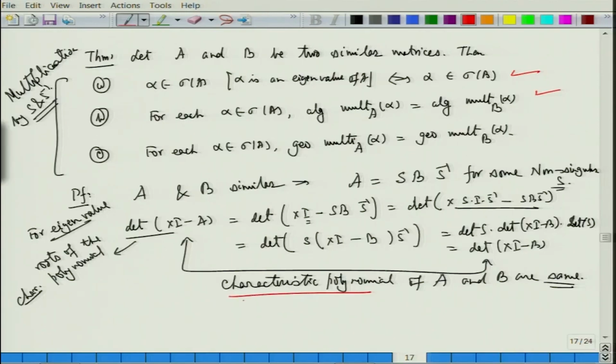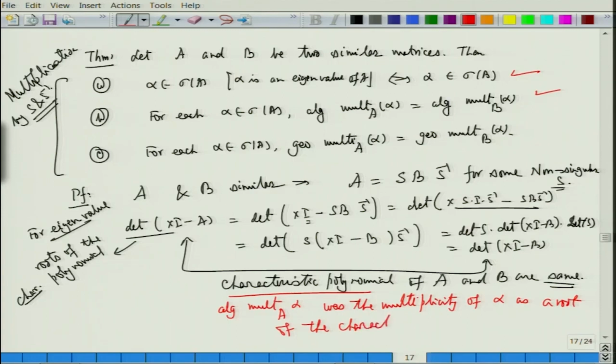So this gave us that the algebraic multiplicity of alpha as an eigenvalue of A was the multiplicity of alpha as a root of the characteristic polynomial, all right, fine.